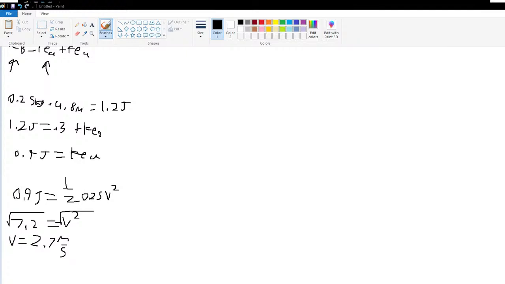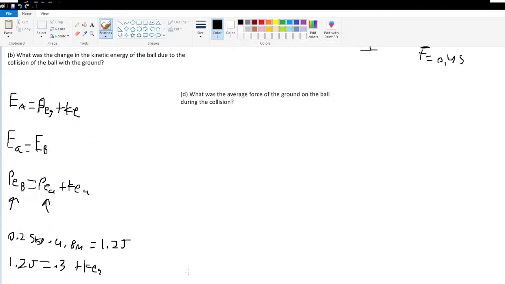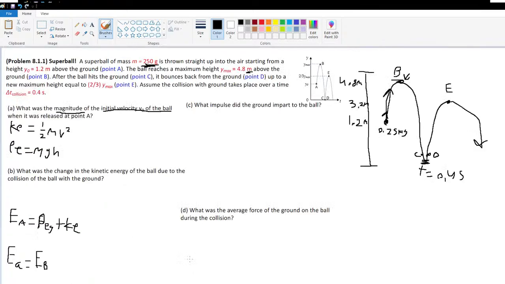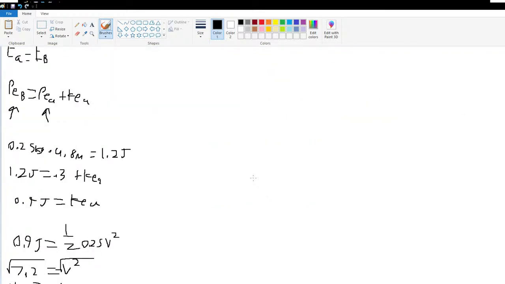Yeah. And so you can set 1/2 mv squared and then use the mass times gravity times the first height, which is, does it give it to you? Y initial? Yeah, it does. Yeah, so 1.2. So then we just mass times gravity times 1.2 is equal to mass times gravity times the y max, which is 4.8, and then you just can solve for velocity squared. Isn't that what I did though?